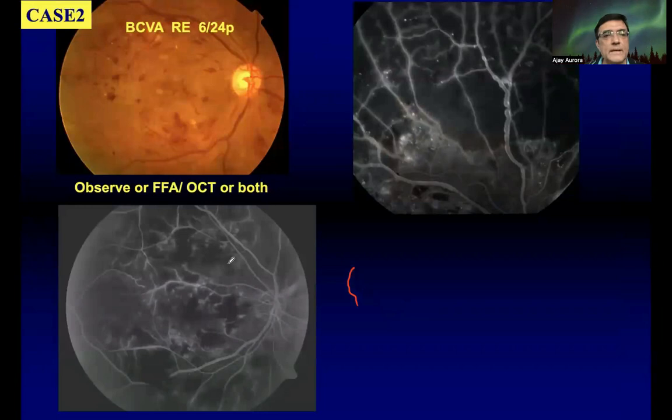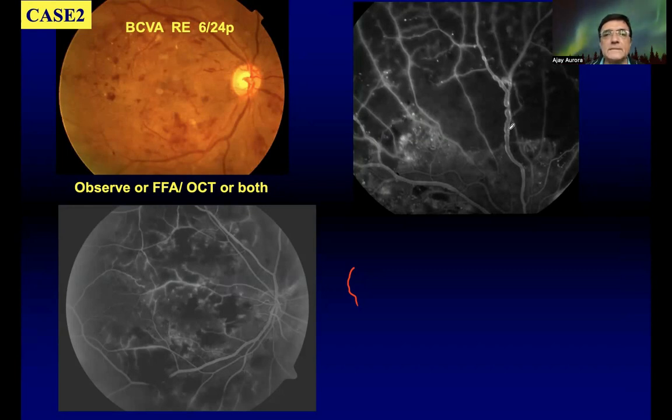Now, let's look at a patient who presents to you with hemorrhages like this, and we do an angiogram. The angiogram shows us a foveal avascular zone that is enlarged and irregular, and large areas of capillary non-perfusion, venous beading.